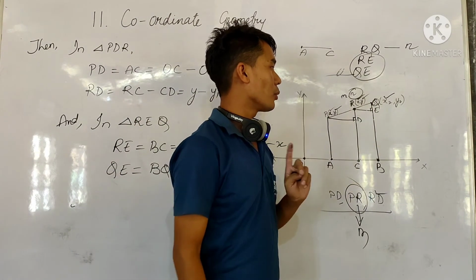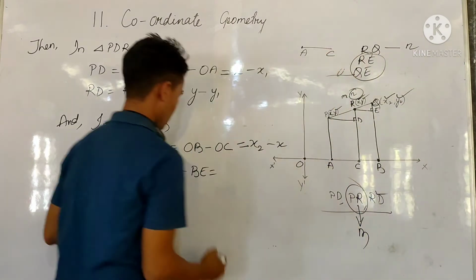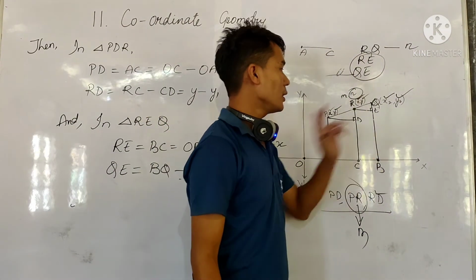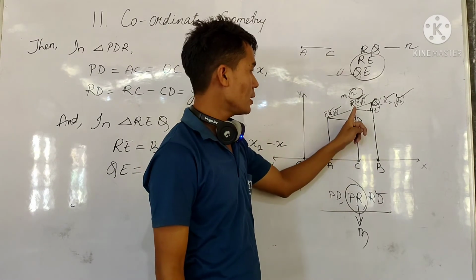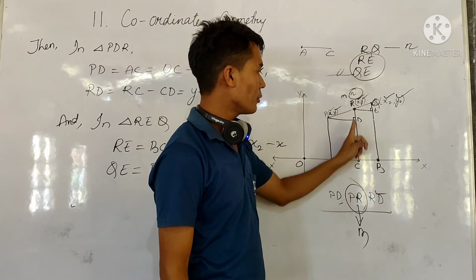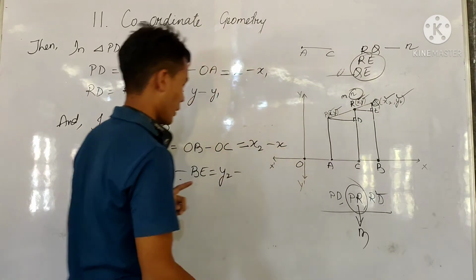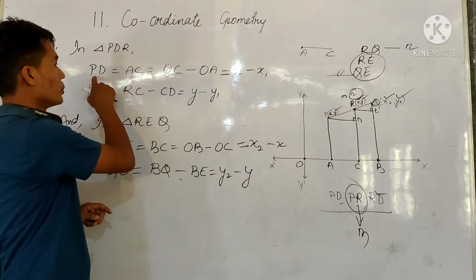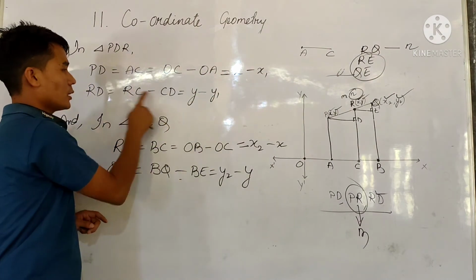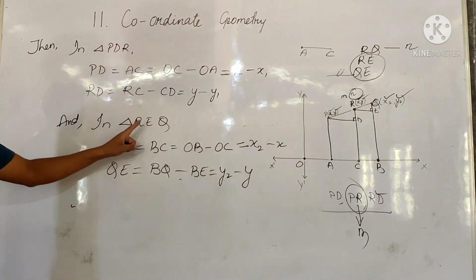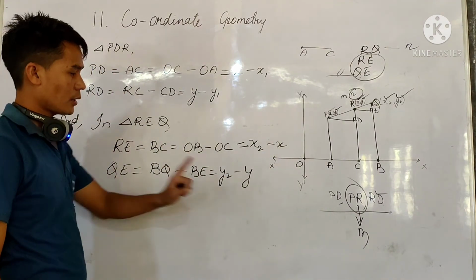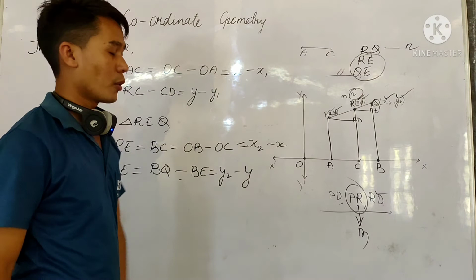So BQ coordinate is y2, y2 minus BE. BE is equal to CR, so the coordinate of CR is y. So now we have the value of PD as x minus x1, RD as y minus y1, RE as x2 minus x, and QE as y2 minus y.